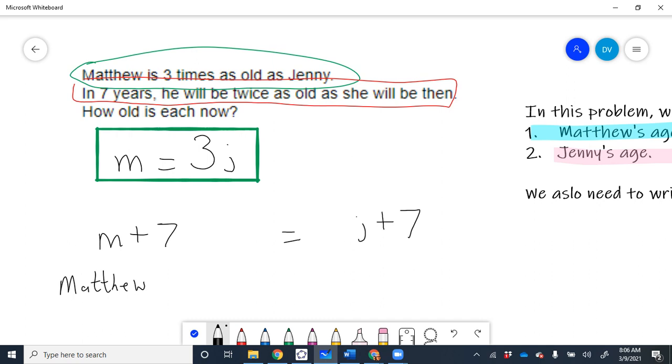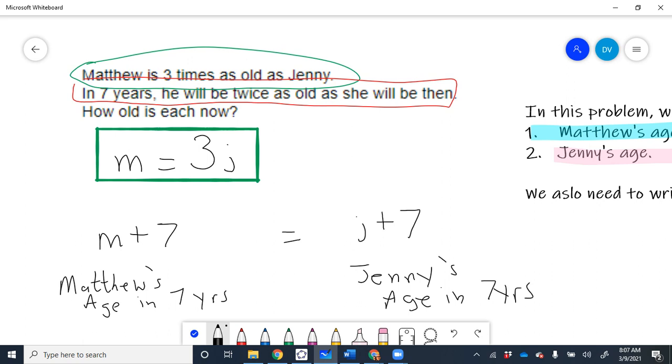And this part you don't have to write. Matthew's age in 7 years. And this will be Jenny's age in 7 years.